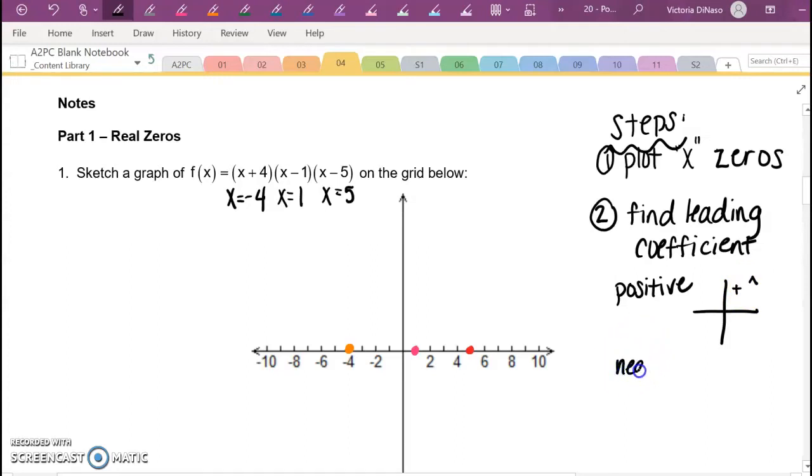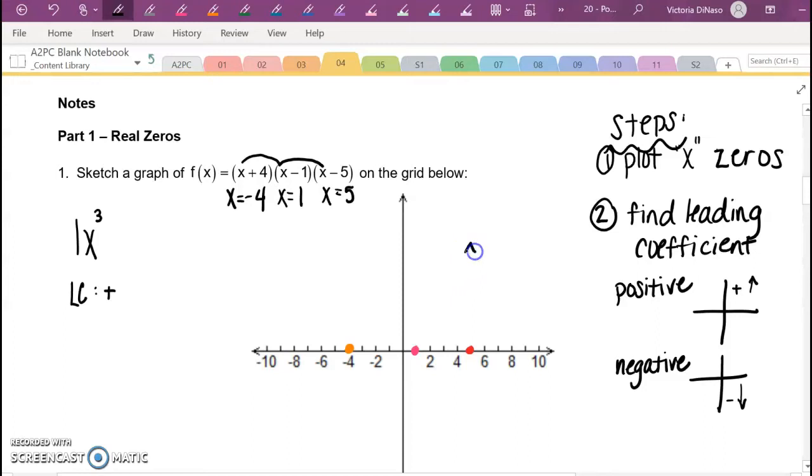However, if the leading coefficient is negative on this graph, you're going to put a downward arrow. And the lines that I just drew would be how you would get to the rest of the graph. So on here, we have x times x times x, which is 1x cubed, which means that my leading coefficient is positive.